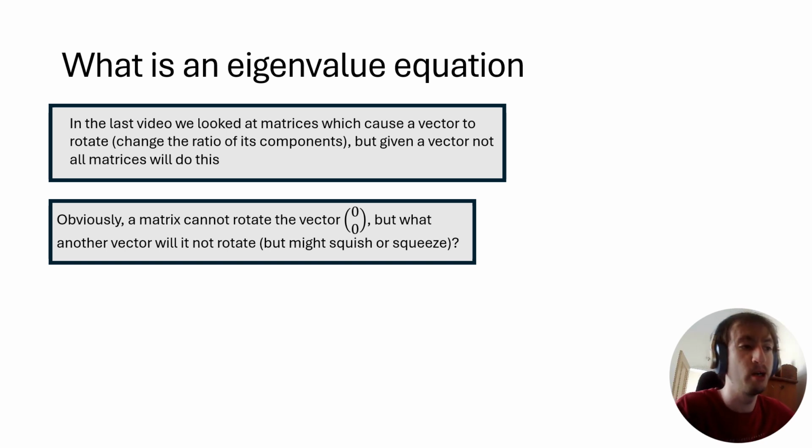It's unaffected by rotation because if we multiply this by the rotation matrix, we're going to end up with a vector where all its components are zero. So the rotation matrix can't rotate this vector. Physically this makes sense because this vector starts from the origin and ends up at the origin, because the vector has a component of 0 horizontally and a component of 0 vertically.